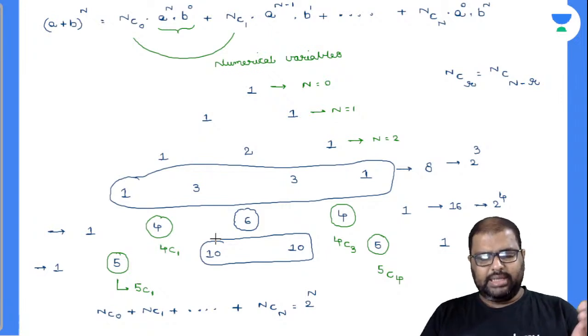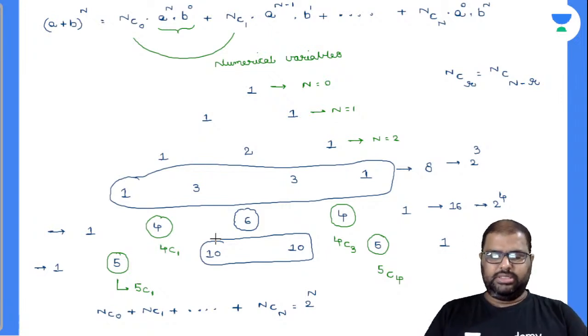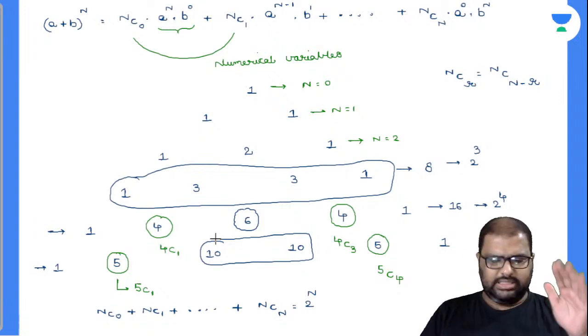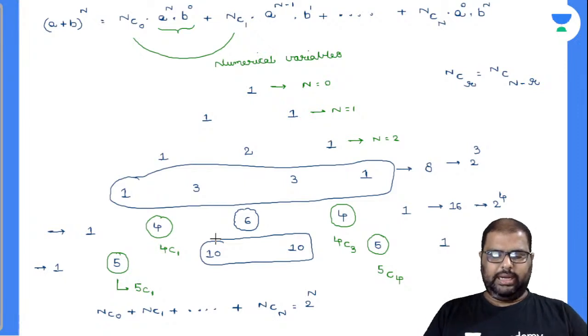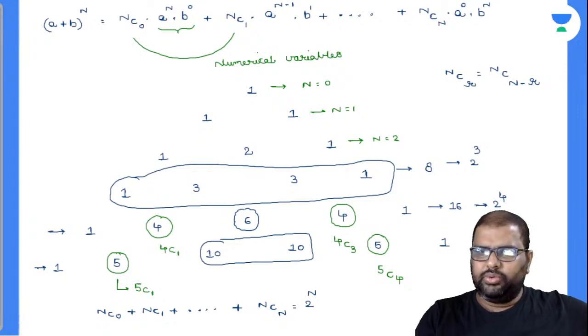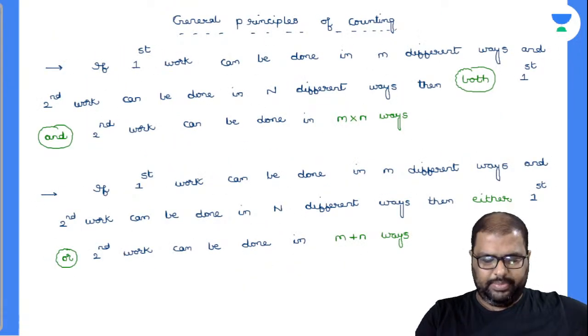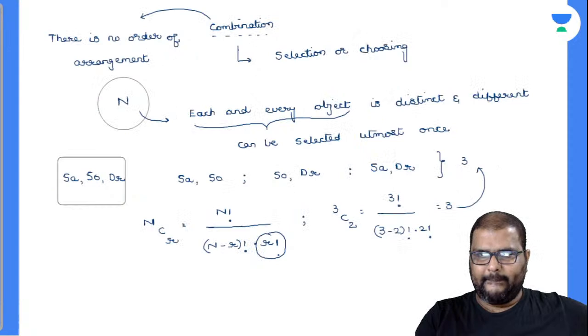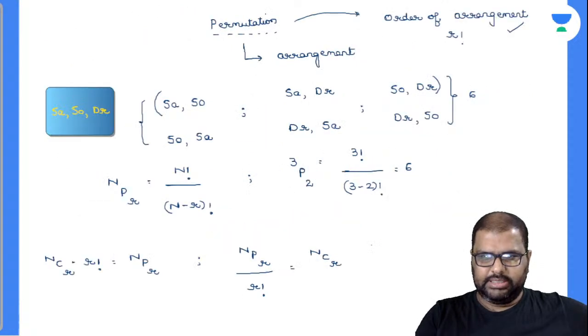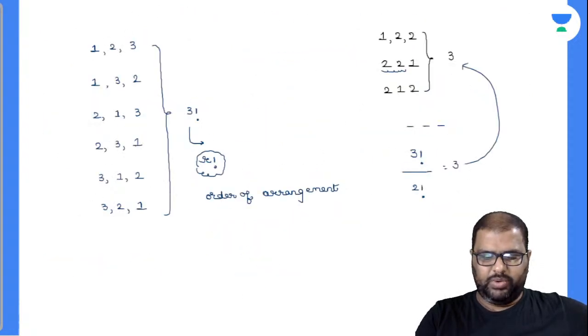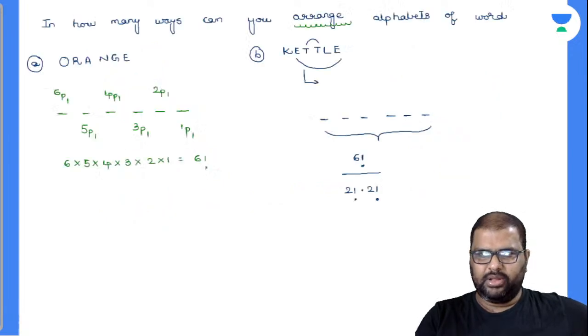So with these applications, I can solve n number of questions. These are the basics. I hope I'm clear regarding this. Go back and I'll move the slides in 10 seconds. Observe it. General principles of counting done. Combination done. Permutation done. I have explained how these duplicities are handled.